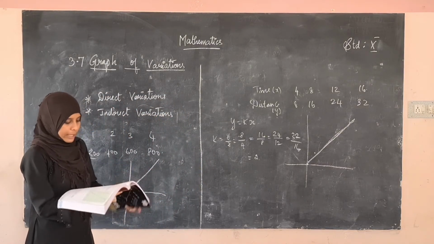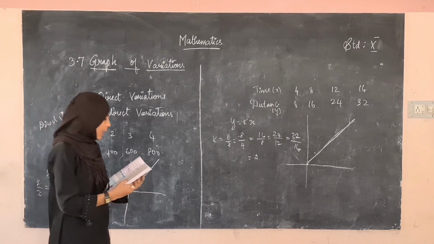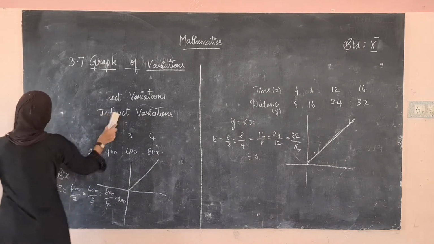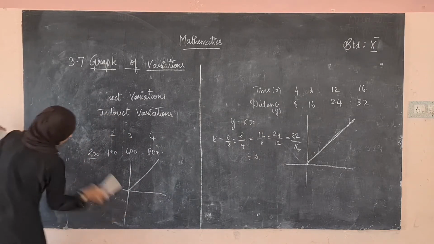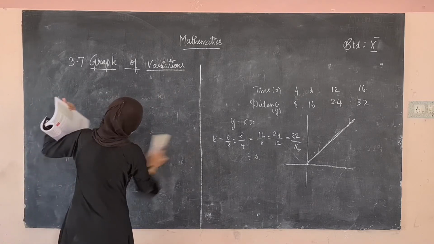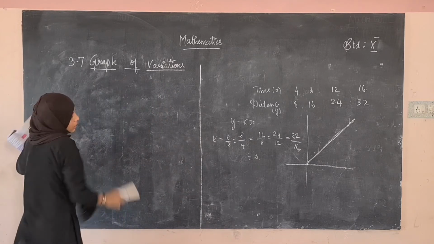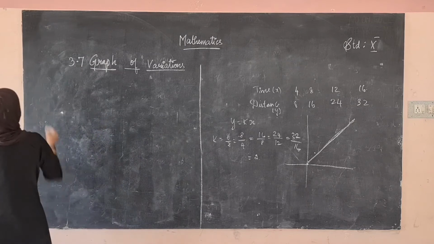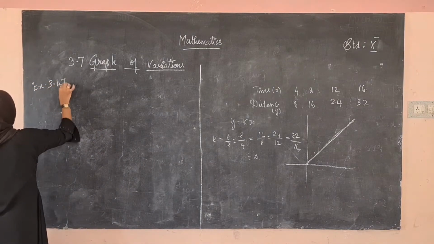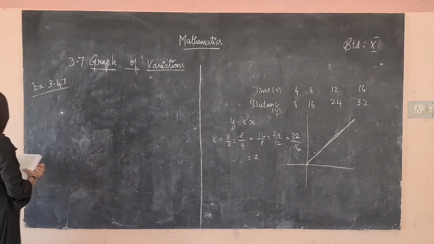Okay, now let us move on to the example. Example number 3.47. What have they given?